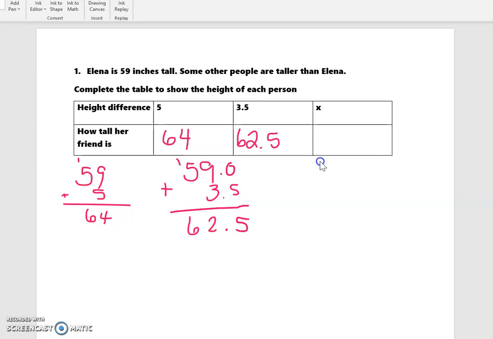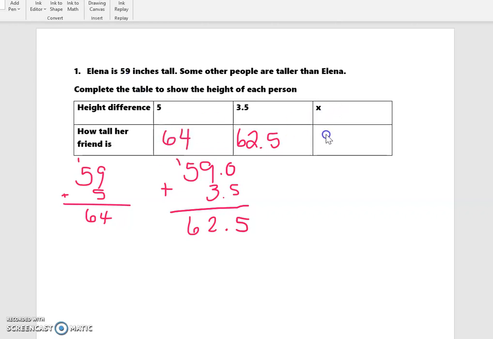So we're going to write an equation that we could use to figure out this new friend's height for any value. Thinking about what we did to get our answers for our first two boxes, we took Elena's height of 59 inches, and each time we added that difference.